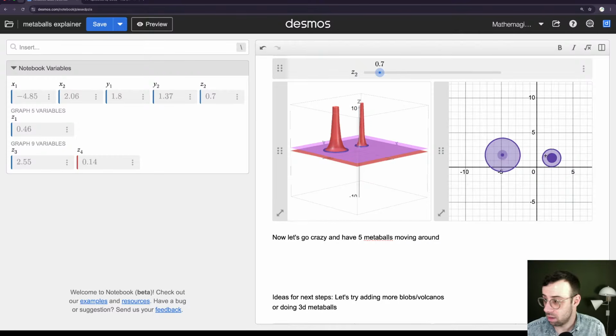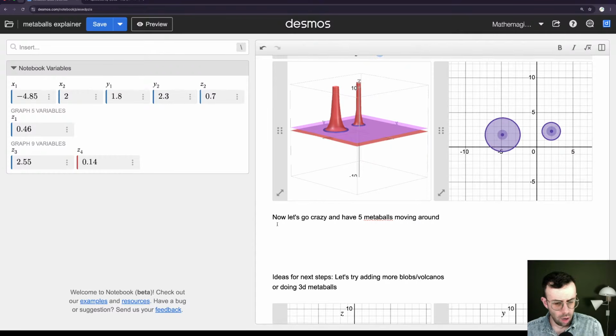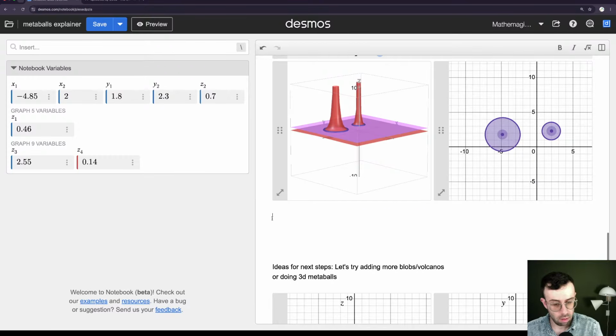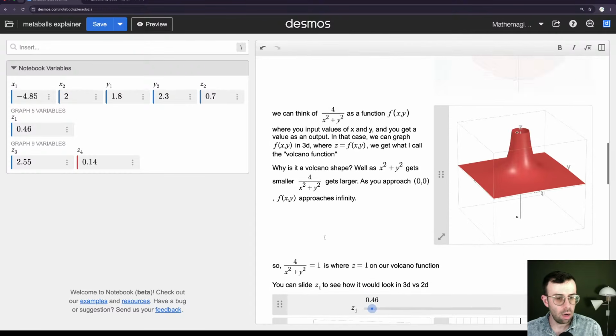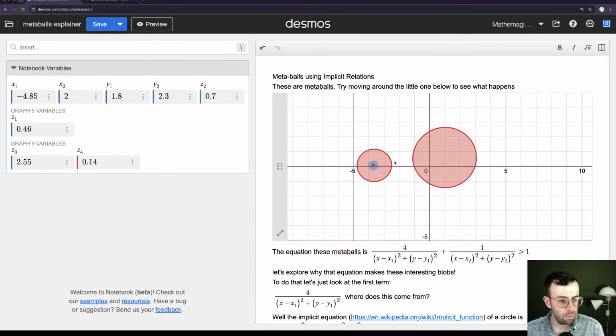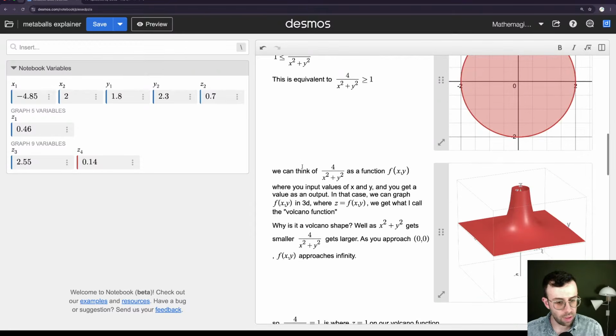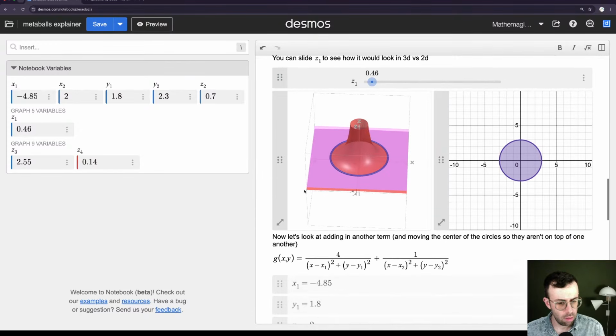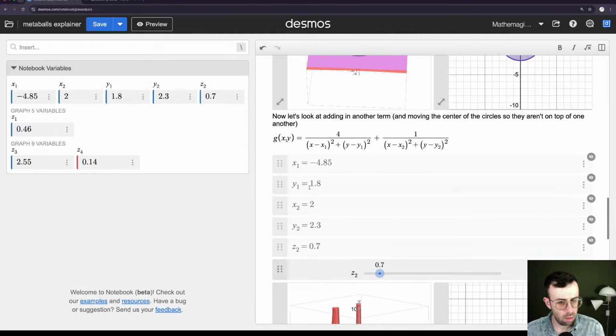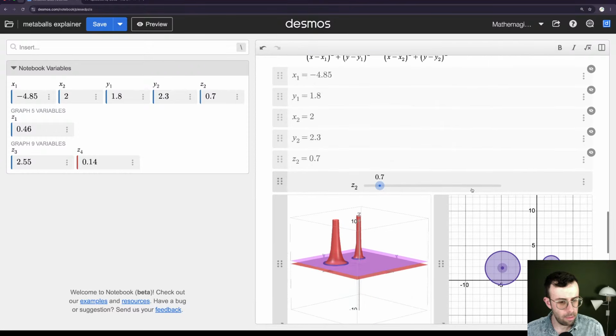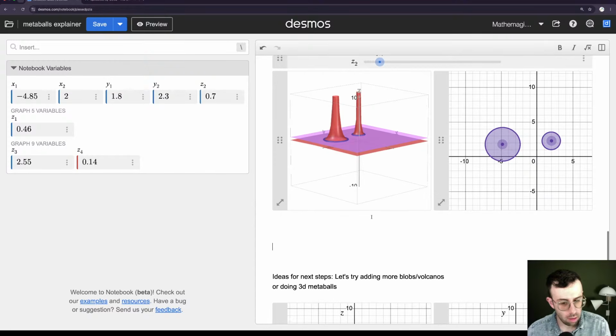Never mind. Okay. Let's read through this real quick. Oh, the other thing I was going to add was 2 volcanoes. Did I? I didn't explain that. Okay.